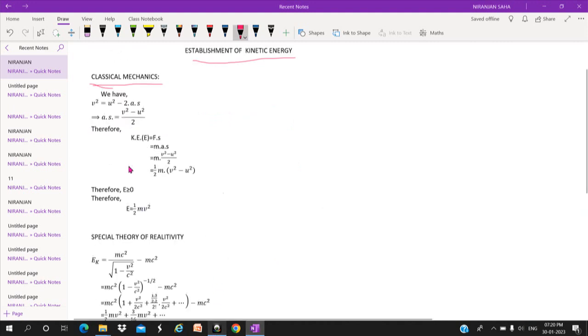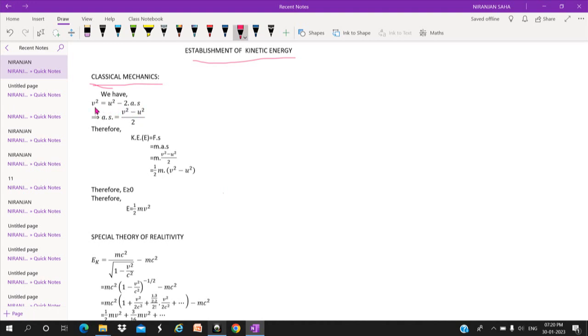We know that the initial velocity is u and the final velocity is v, and the acceleration due to the change of velocity is a, and the displacement during this change in velocity is s.